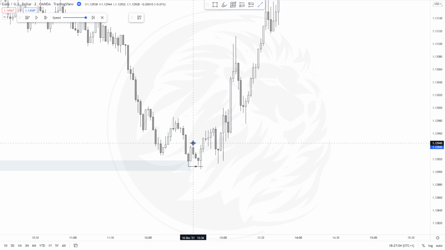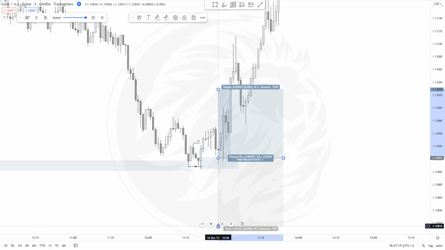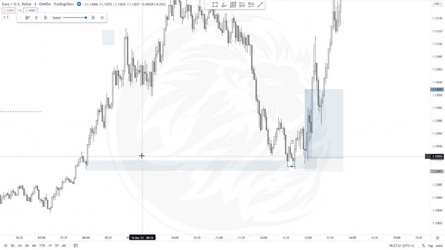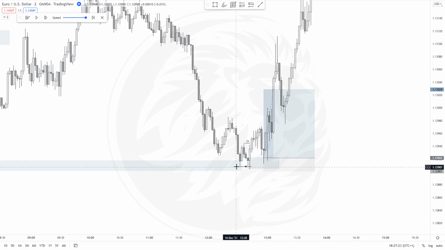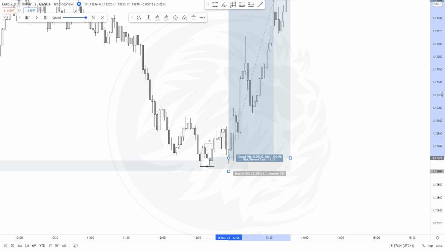So here this is a change of character, and so you can have a short entry directly on this level, and like that you can confirm that your buy to sell or your sell to buy will work. Because price shows you that sweep of liquidity, change of character, so we have the first sign of changing trend, and so you can enter and follow the mitigation and the order flow.